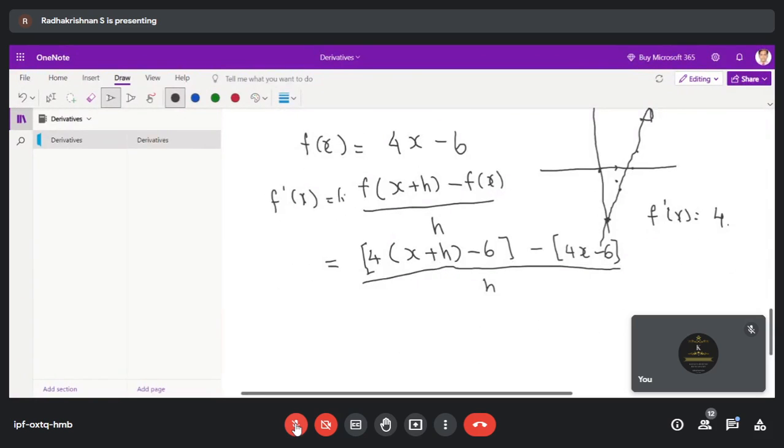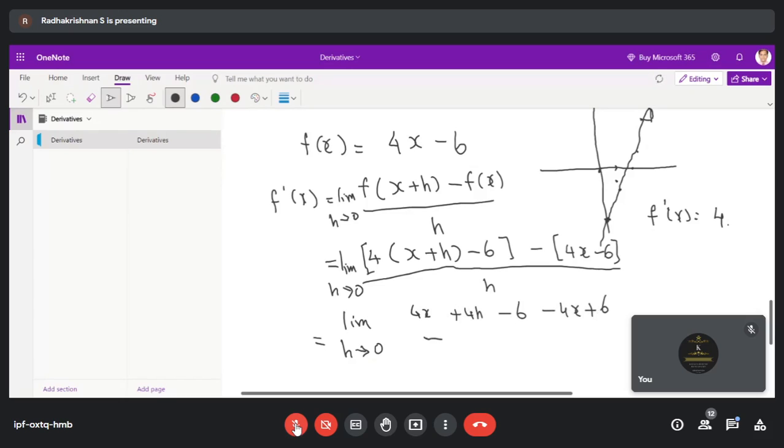You will put the limit, right? We simplify it. 4x plus 4h minus 6 minus 4x plus 6.